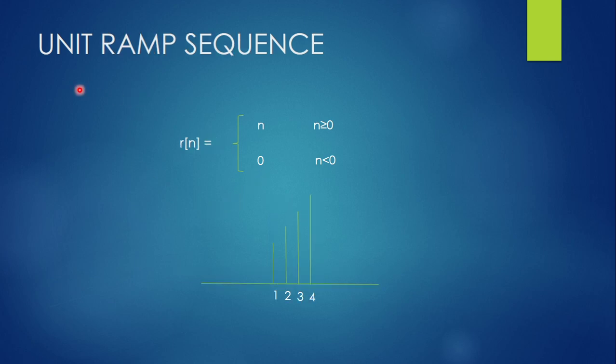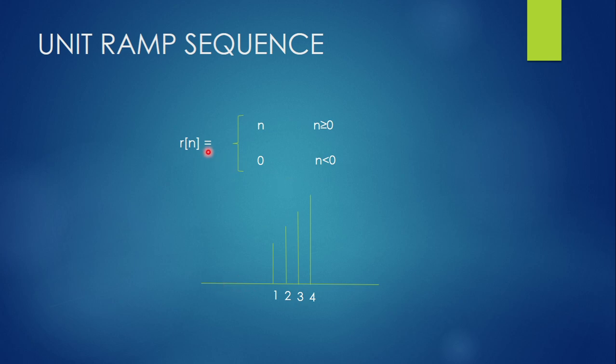Similarly, third is unit ramp sequence. It has a value of 1 at 1, it has a value of 2 at 2, it has a value of 3 at 3, it has a value of 4 at 4, 5 at 5 and so on. And at 0, it is 0. At minus 1, it is 0. At minus 3, it is 0.